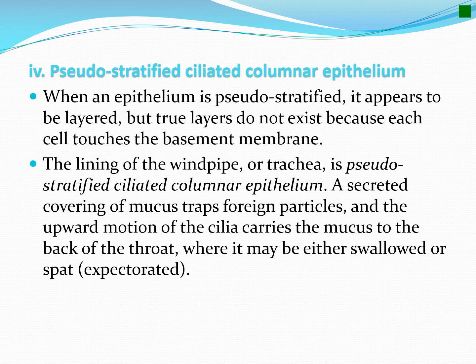A pseudostratified epithelium gives a fake impression or image that it is made of many layers of cells, but when you look closely, you will see that all cells are posed, or they lie on the basement membrane, a proof to show that they are not multi-layered but uni-layered or simple. The lining of the windpipe is a pseudostratified ciliated columnar epithelium.